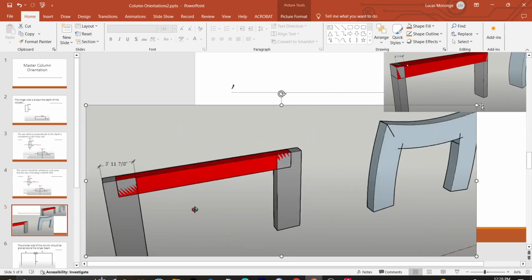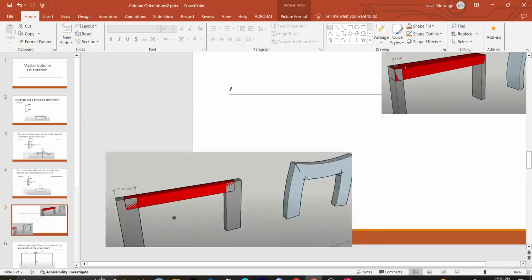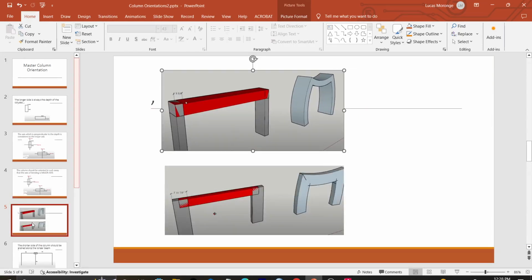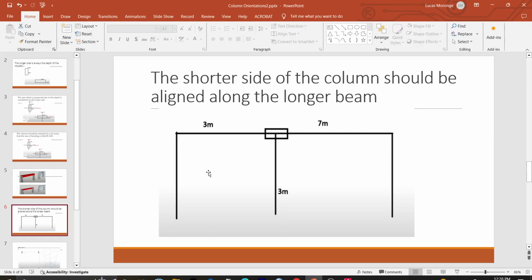If you take this diagram into our analysis software, for instance here, this was done in ETABS, you will see another illustration of that. In case you have 3 meters, then 7 meters, and 3 meters here, these are the columns, this is the first beam, and this is the second beam.